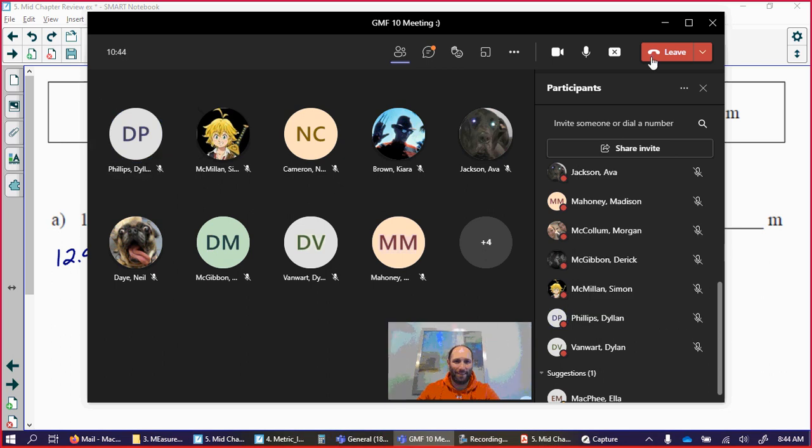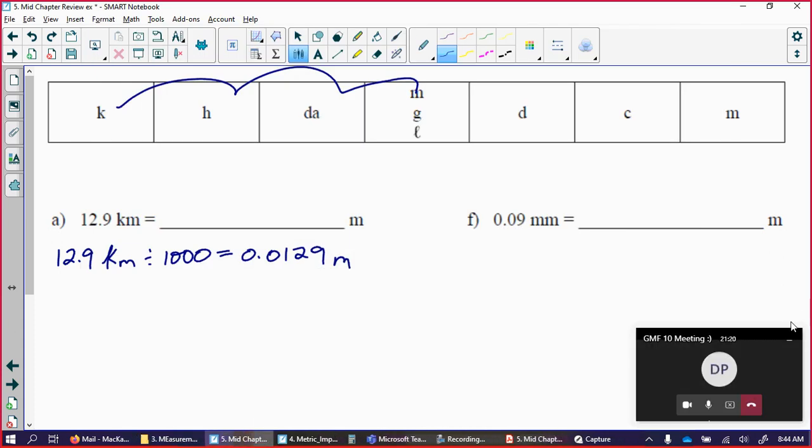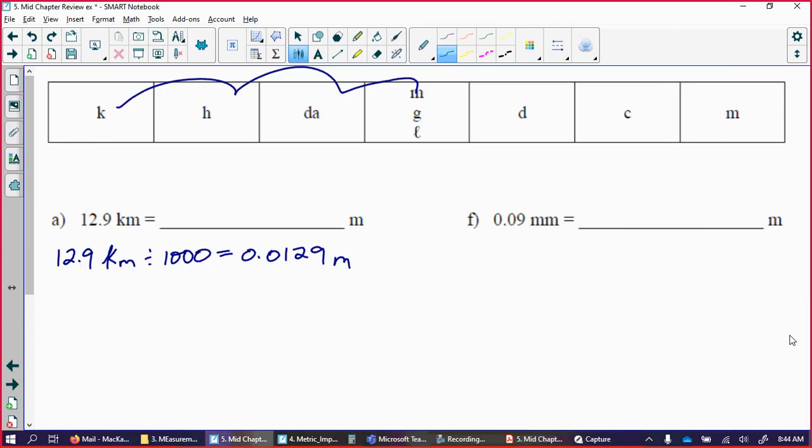No, I've done that completely wrong. I apologize. Erase that. Going to the right is multiply. Going to the left is divide. So times, because there's 1,000 meters per kilometer, 12,900.